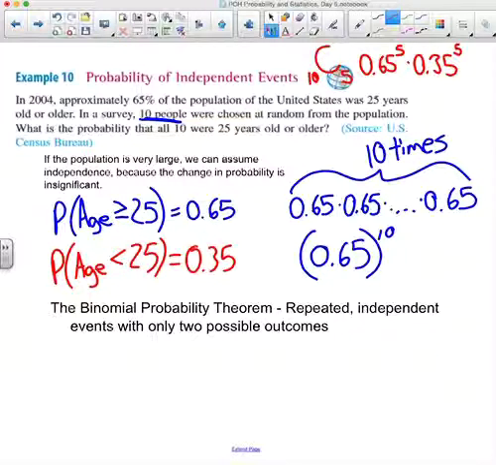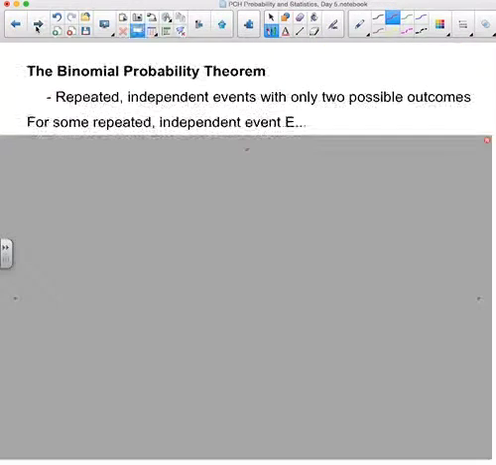Okay? So, don't worry, that's right here, it's copied. All right, the binomial probability theorem. This is for use when we have repeated independent events. But this is key, it's binomial, right? That means 2. You have to consider the situation having only 2 possible outcomes. Okay?